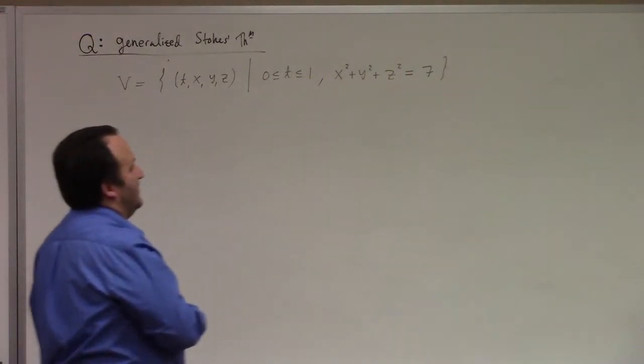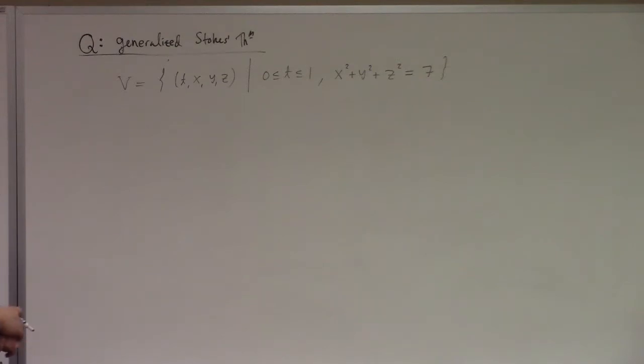There we go. Now it's actually a 3 manifold. It's a sphere of radius root 7 attached to T, right? What's that?